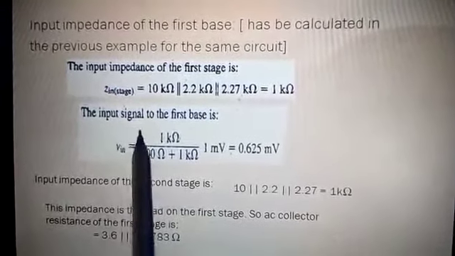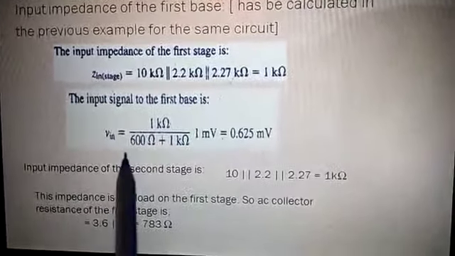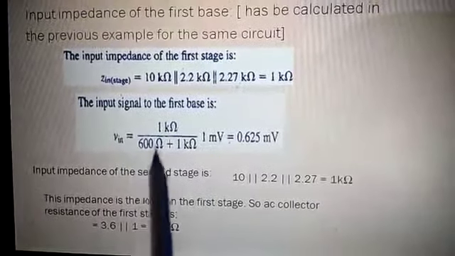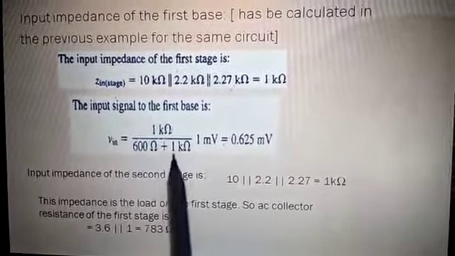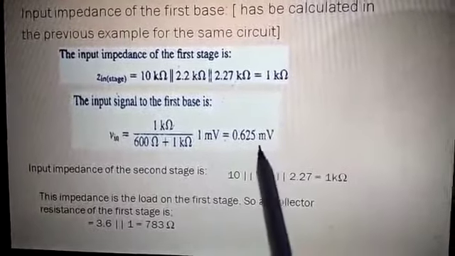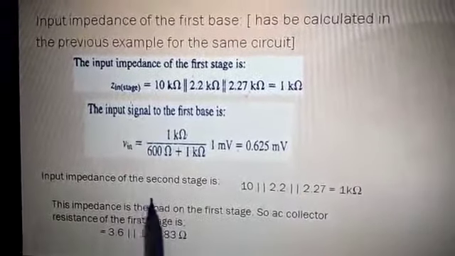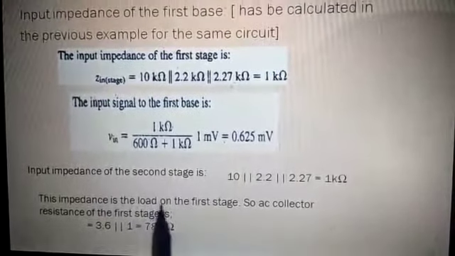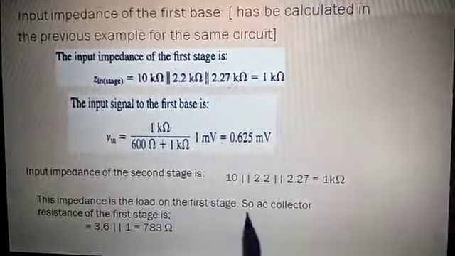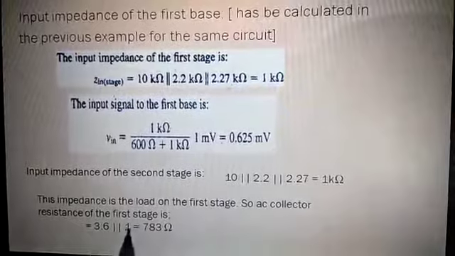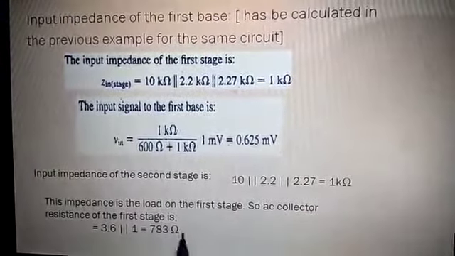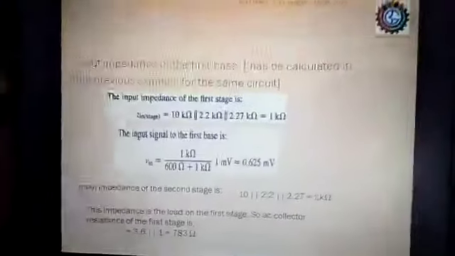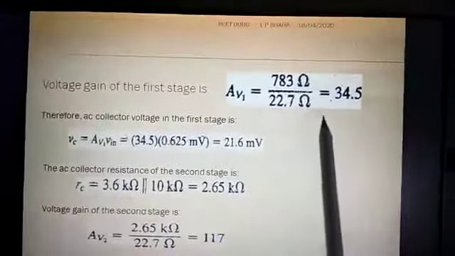The input signal to the first stage you can calculate: V in is equal to 1 kilo ohm upon 600 ohm plus 1 kilo ohm, that is 0.625 millivolt. The input impedance of the second stage you can calculate similarly; this impedance is the load on the first stage. So the AC collector resistance of the first stage you can calculate like this. Then the voltage gain of the first stage is to be calculated.